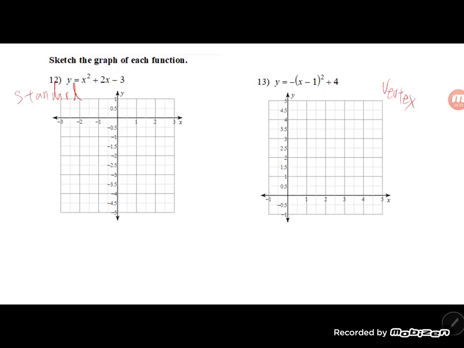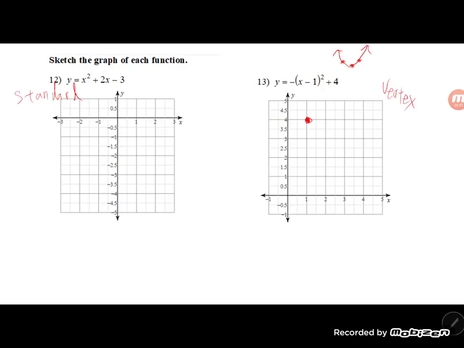So we see the vertex is going to be shifted over 1 and up 4 to right there. And now, again, it's really good to know how your equations typically look, because then you don't have to do all these calculations. So parabolas typically look like this, and their points right around the vertex are usually right 1, up 1, and back 1, up 1.